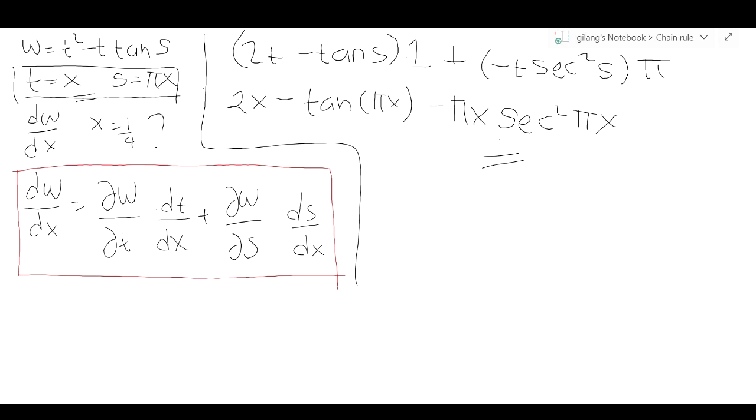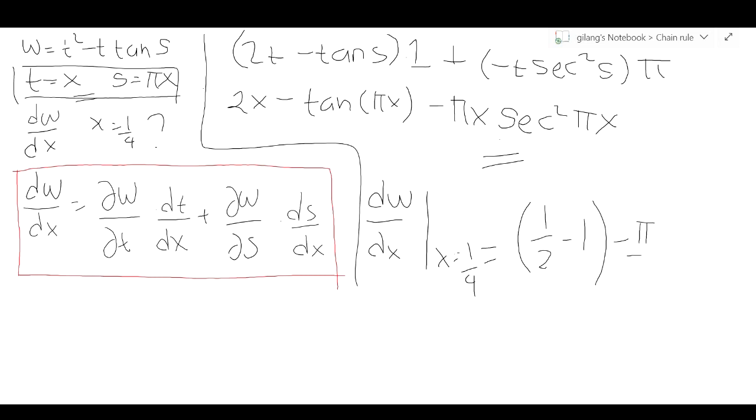We just derive the equation for w and substitute the equations for t and s.